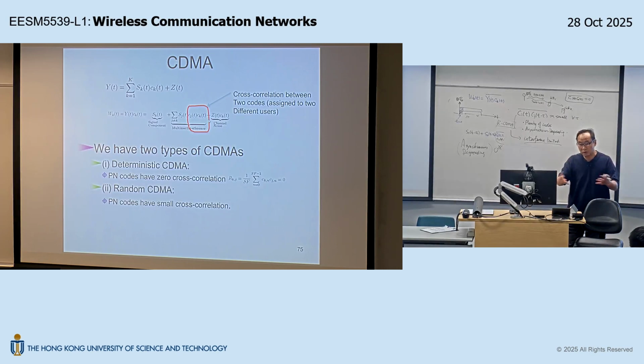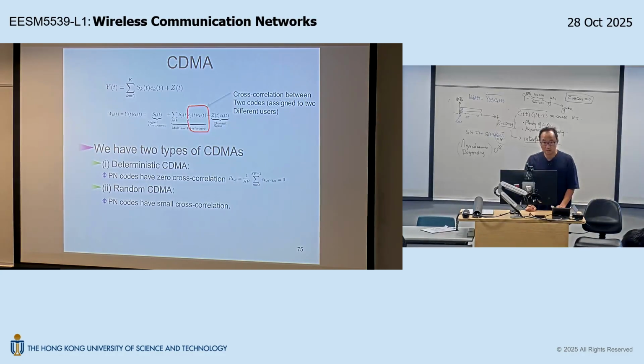The number of codes you can find is plentiful, but it doesn't mean you can support however many users you like, because now the interference term is not zero. And this interference power will build up as you accommodate more users. So your capacity in this case will be interference limited. It's limited by the maximum interference you can tolerate.